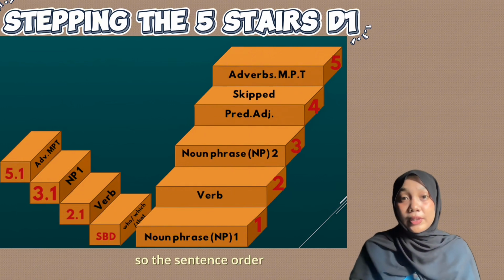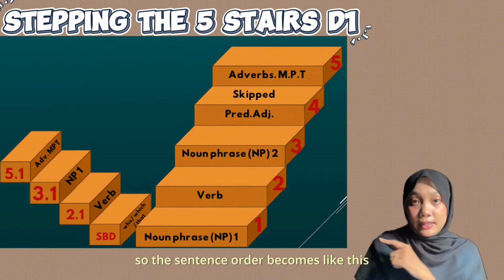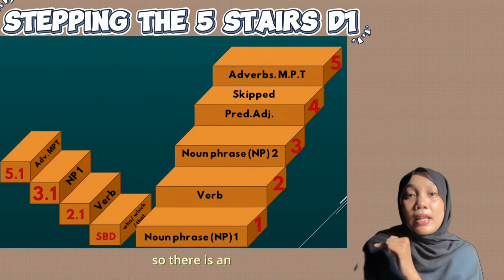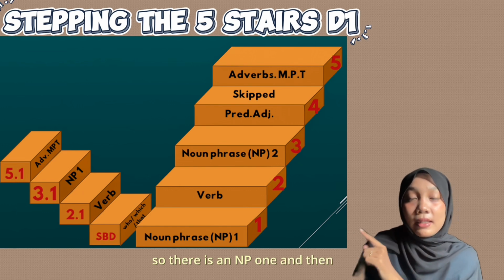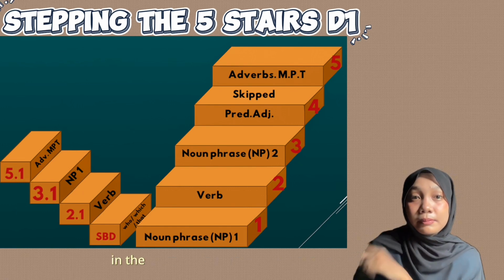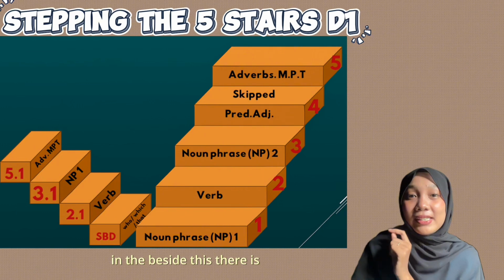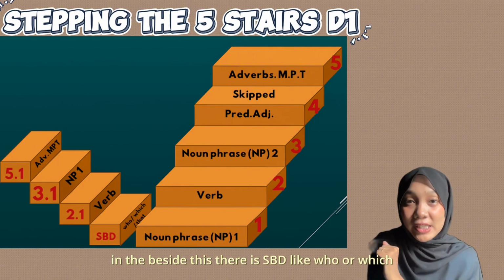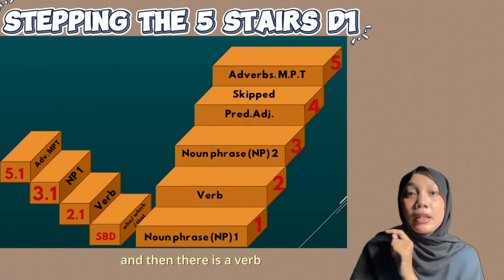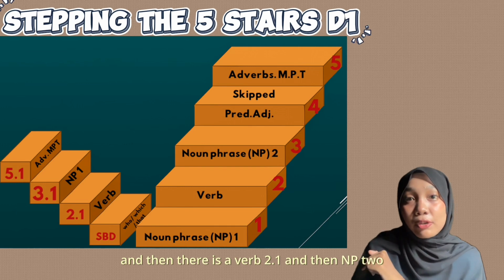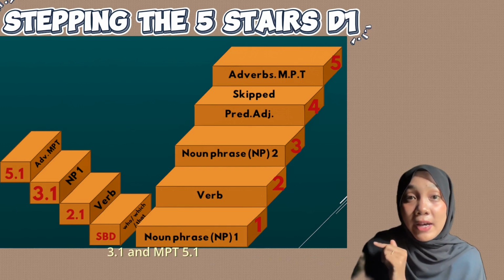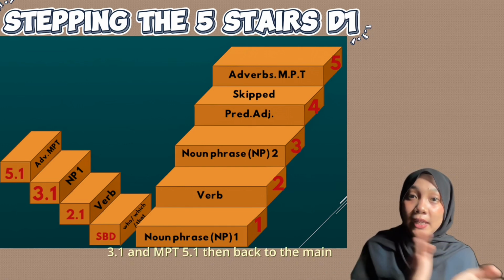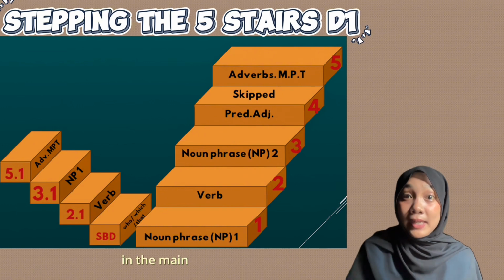So the sentence order becomes like this. There is an NP1, and then beside this there is SPD like who or which. And then there is a verb 2.1, and then NP2 3.1, and MPT 5.1. Then back to the main verb and object in the main clause.